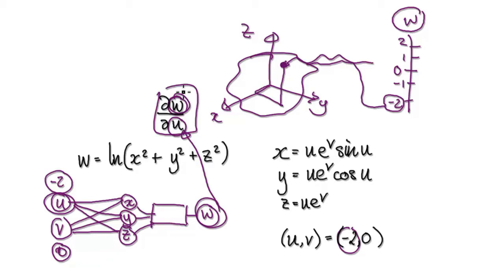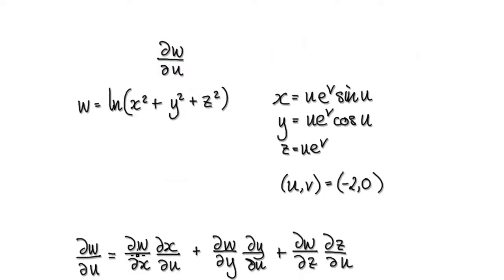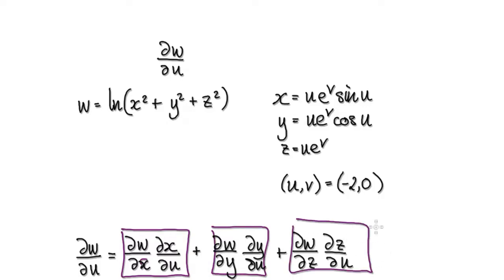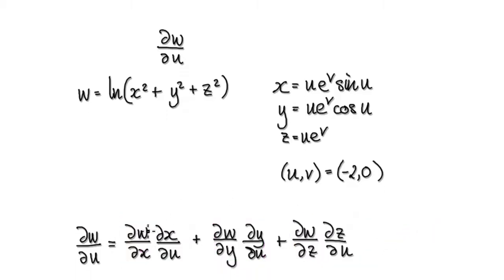Let's proceed. Using the chain rule, consider the x direction, the y direction, and the z direction, and I'm expecting you to know this by now. First take the partial derivative of w with respect to x. Imagine this is a bubble.